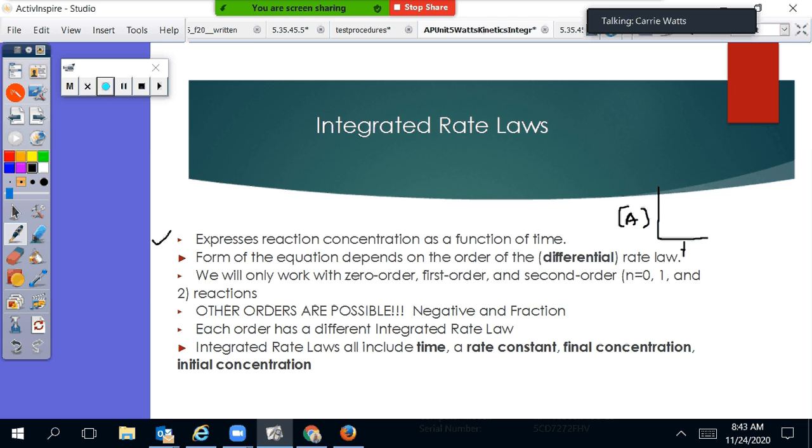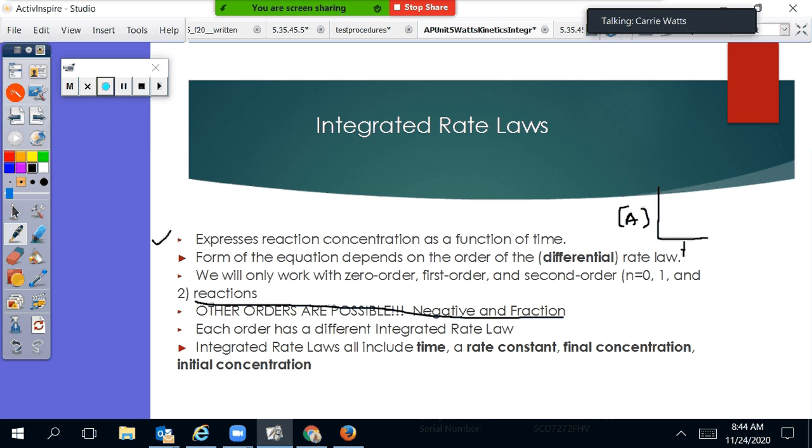So we have 0 order, first order, and second order. These are the only orders we're going to work on. There are other orders that are possible, but we're not looking at them. We're only working on 0, first, and second order. Each of these 3 orders will have its own integrated rate law.